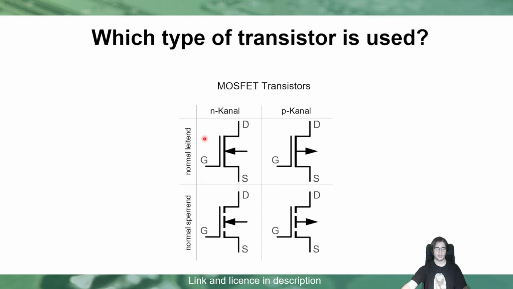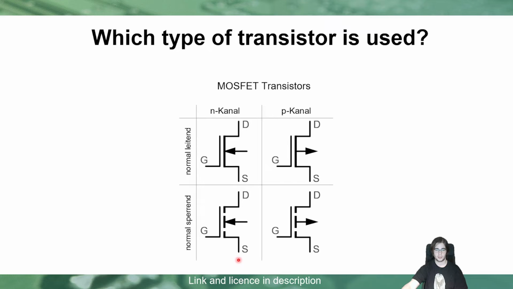And then there are two types of how the transistor works. There is one where, if there's no electricity on the gate, the electricity from the source to the drain, that's how those parts are called, can flow through without problem. But if there's electricity on the gate, the signal, then the electricity from source to drain can't flow through anymore.